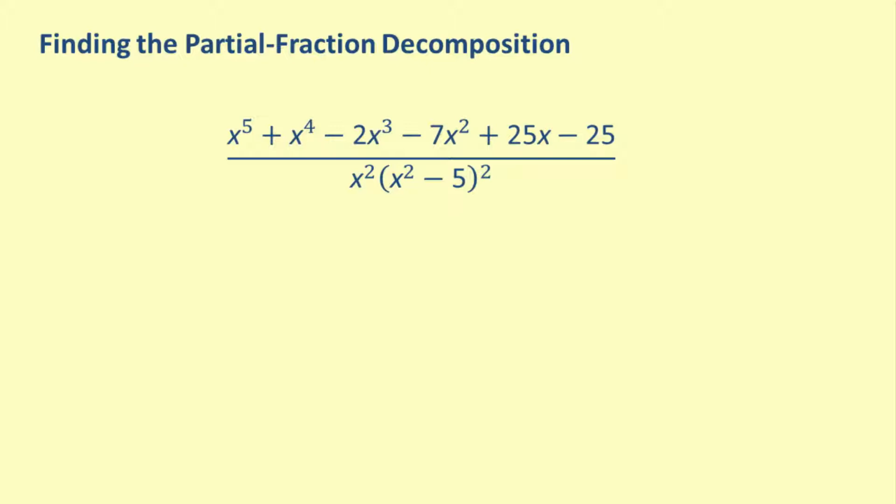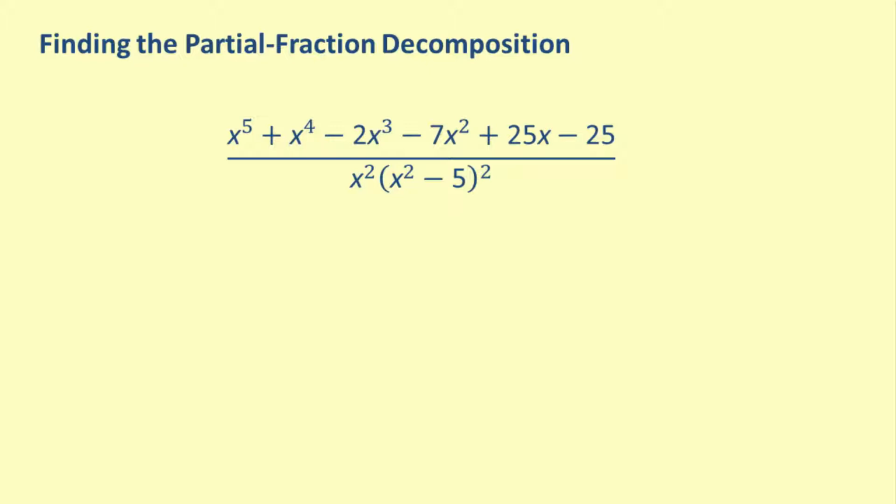This expression has a denominator that comprises repeated linear factors in the form of x times x. Additionally, the denominator also comprises repeated irreducible quadratic factors in the form of the quantity x squared minus 5 times the quantity x squared minus 5. Thus, we need to use case 2 and case 4 to find the partial fraction decomposition.